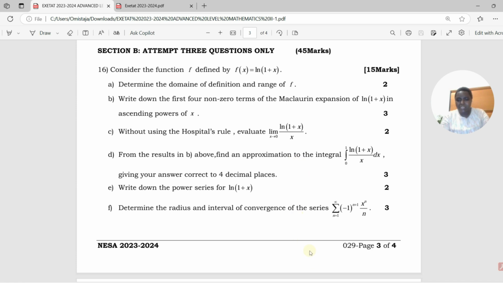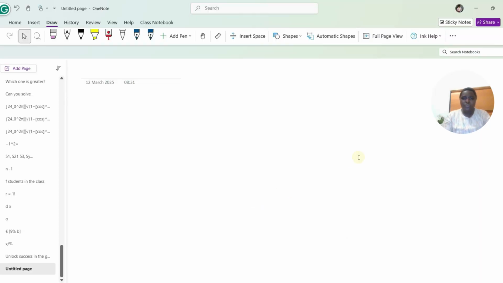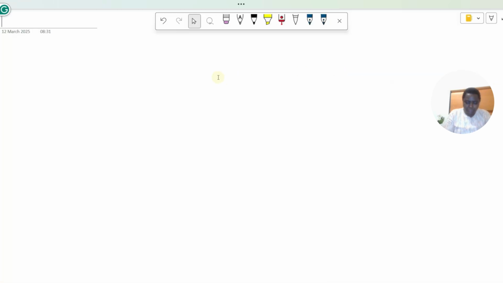So let's start. Let's see how we can deal with this question. First of all, we have our function. I'm going to write it down. We have our function f of x equals ln of 1 plus x. And in A, we are asked to find the domain of definition and the range of this function.